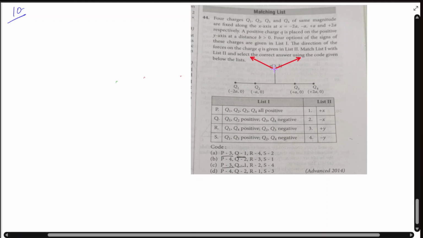So the force will be like this, and for this one the force will be like this. Let's think in terms of components. Look, this horizontal, similarly this horizontal, and this horizontal will get cancelled out.